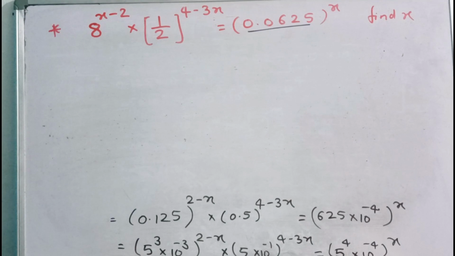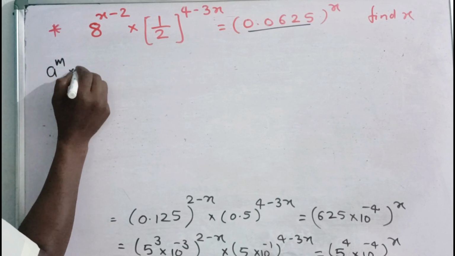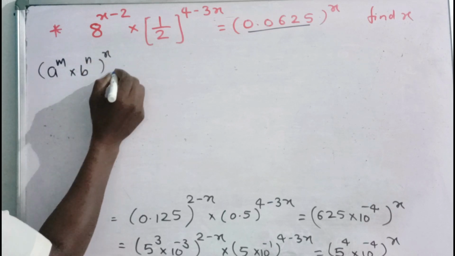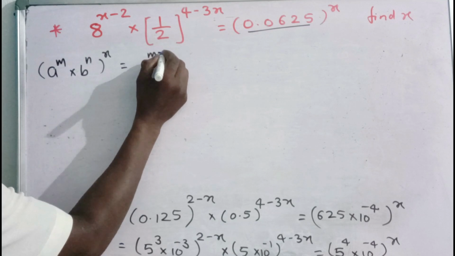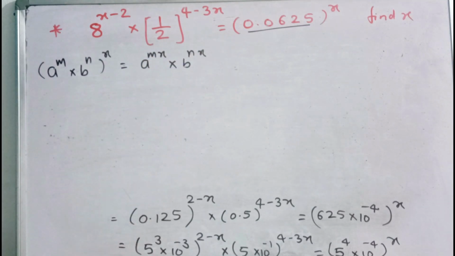Now we can use the property: a raised to the power m into b raised to the power n, raised to the power x is nothing but a raised to the power m into x into b raised to the power n into x.